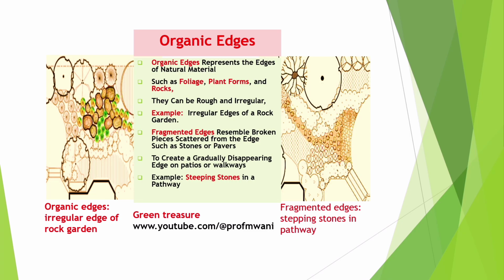Then there are organic edges. Organic edges represent the edges of a natural material. Now you are using organic edges. There can be hedges, there can be plants, there can be foliage, and there can be rocks also. They can be rough and irregular depending upon their shape. These are irregular edges of a raw garden, where you are putting them.